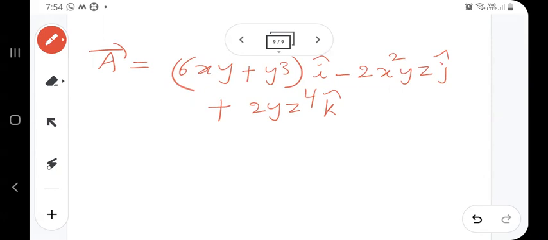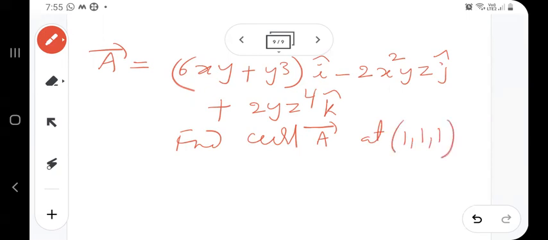Find curl a bar at 1, 1, 1. Okay, how to do this?